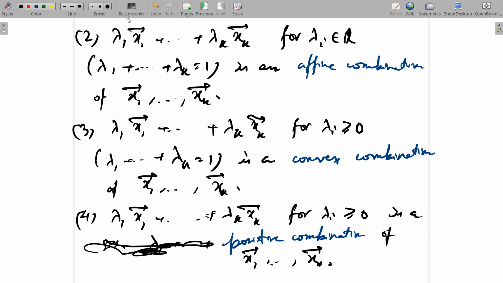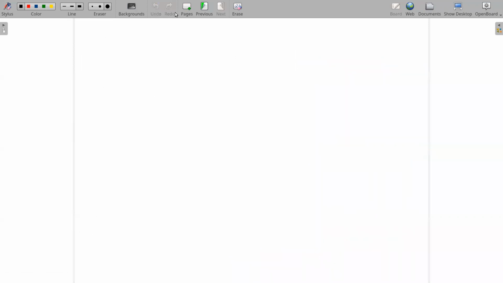Okay. So then, of course, once we have this, we defined this hull. Let S be a set in Rn. Again, you can very well anticipate what I'm going to write next.